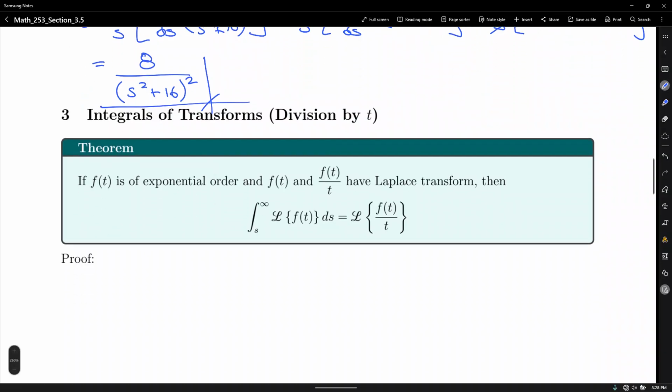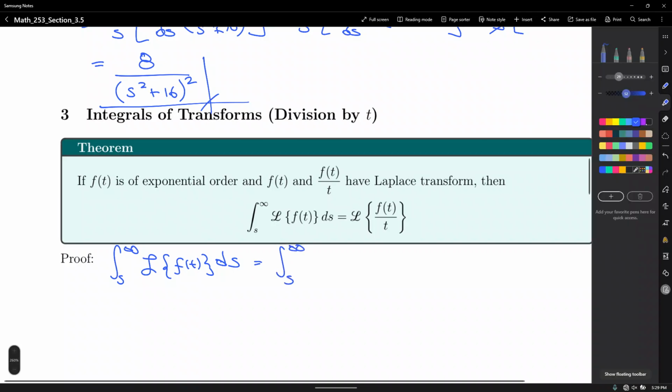So let me start with the integral from s to infinity of the Laplace transform of f of t ds. All right. Okay, guys, by definition, what's the Laplace transform of f of t? Isn't that another integral? So this will become a double integral from s to infinity.